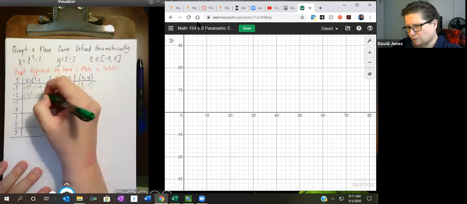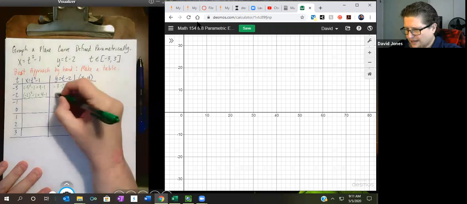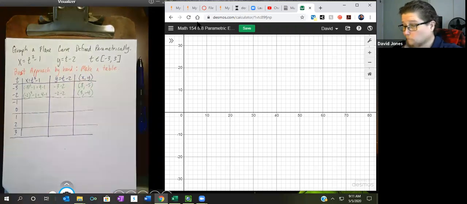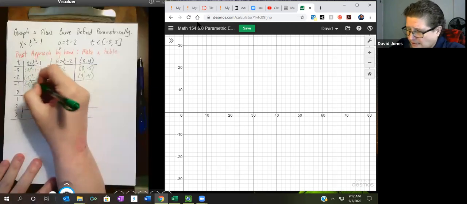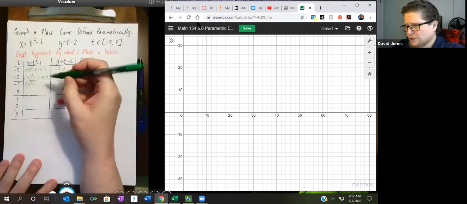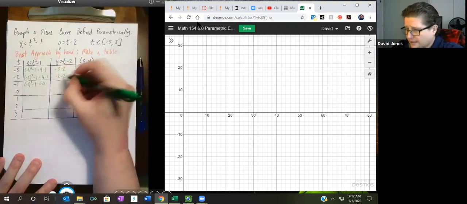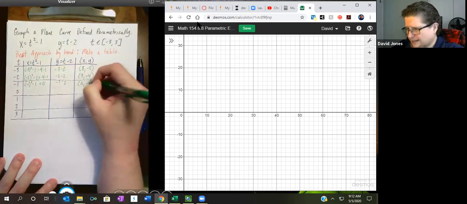This ends up being 4 minus 1, which is 3. And then we've got -2 minus 2, which is -4. Plug in -1. -1 squared is 1, minus 1 is 0. And -1 minus 2 is -3. We get 0, -3.